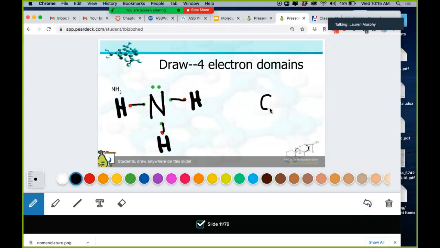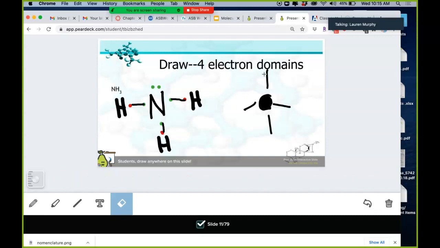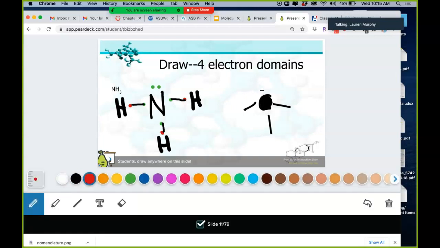Basically, we had methane before, right? It looked like this. Basically, you've taken, I'll just have a central atom, okay? And you've removed a bonded pair and replaced it with a lone pair. So look, what does this look like?